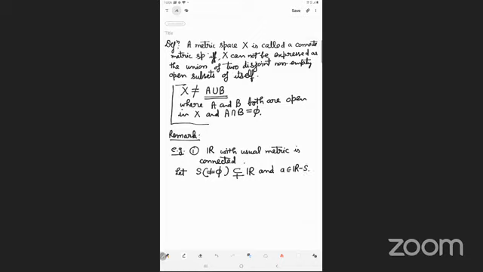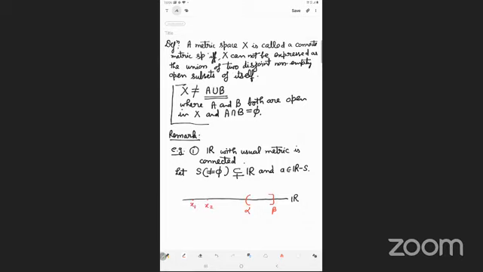I'm just drawing a diagram that will be helpful for you. Suppose it is R, and we have like this one beta, and then we have points x1 and x2, and then we have a point here.